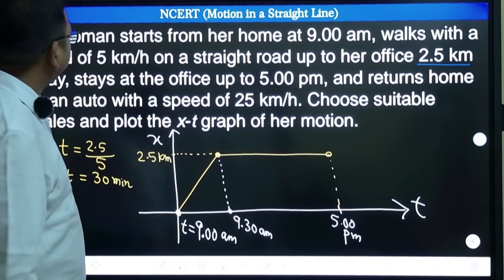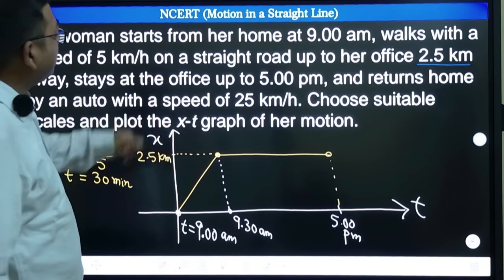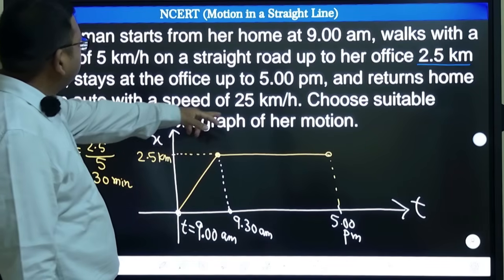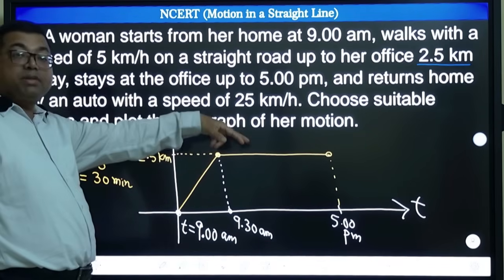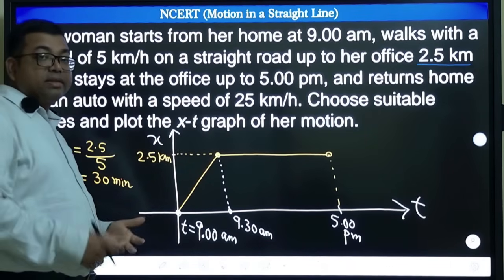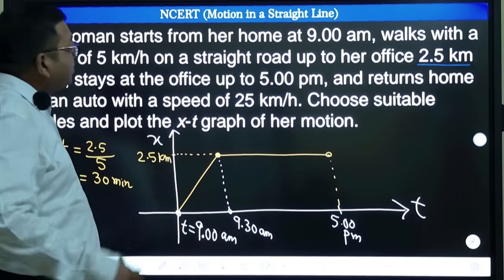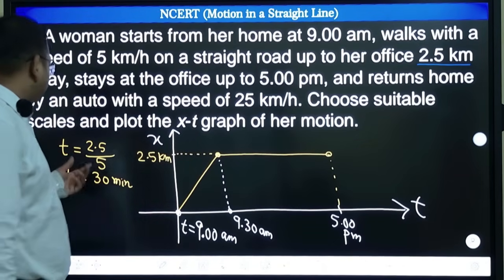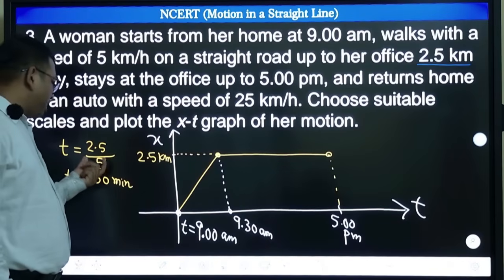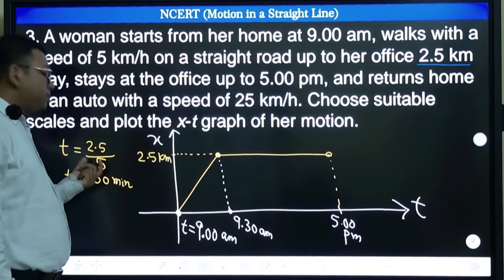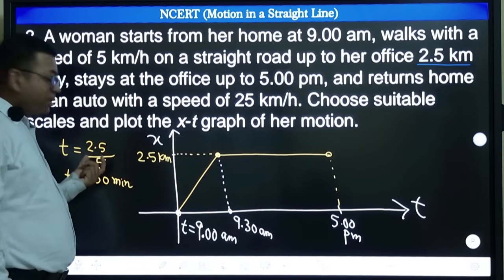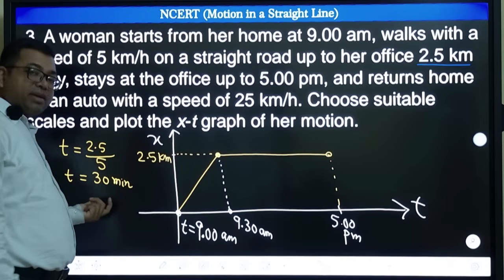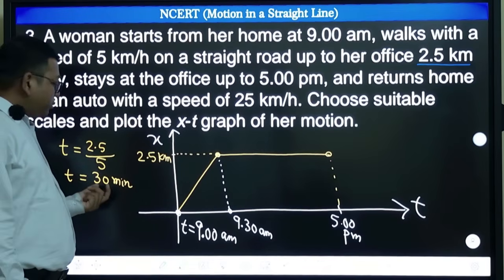After that, what happens? She returns home by auto with a speed of, now while returning the speed is more. 5 times speed has increased. That means while returning, she is in a rush, so she is going with 5 times larger speed. Same distance, 2.5, but speed is 5 times larger, so the time gets divided by 5. That means 6 minutes.